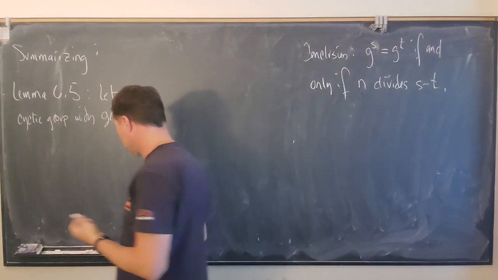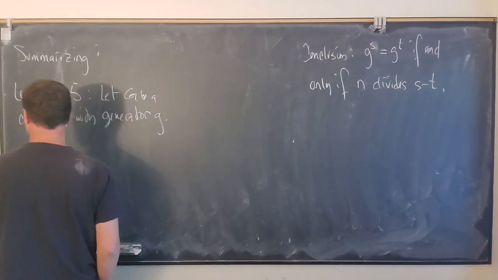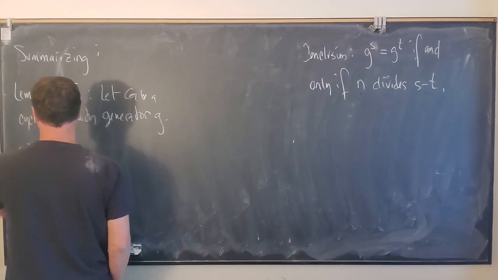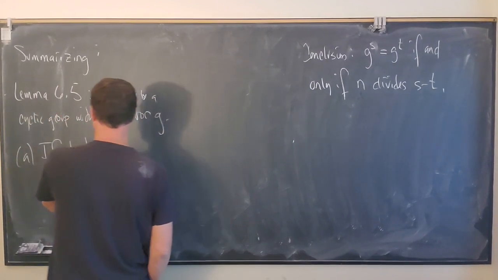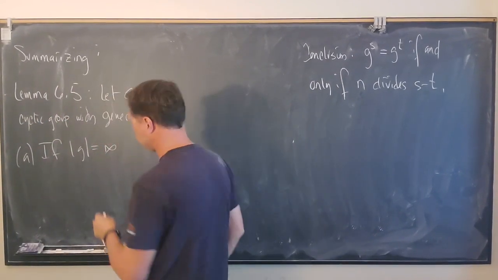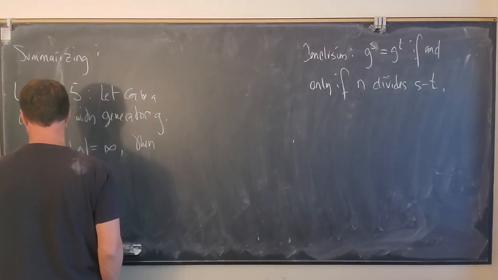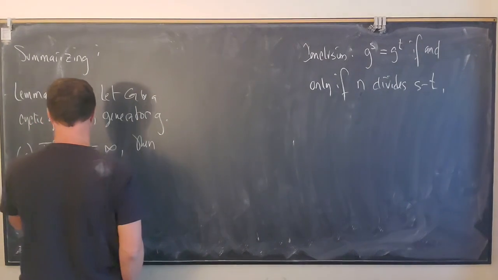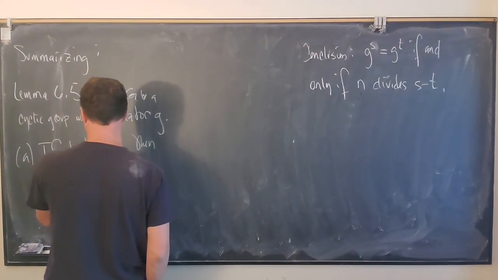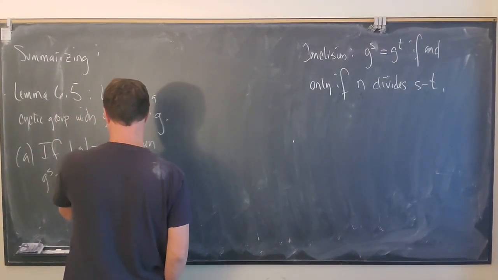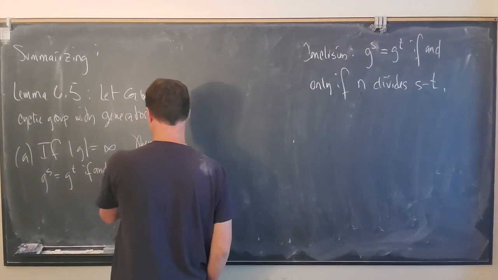Considering the two cases, case A: if the order of g equals infinity, then g to the s equals g to the t if and only if s equals t.